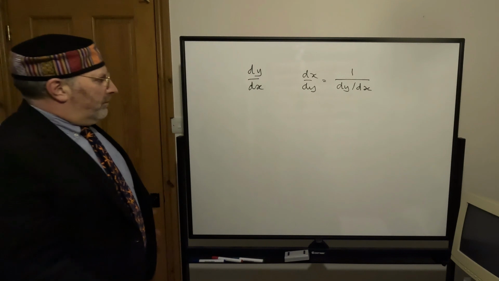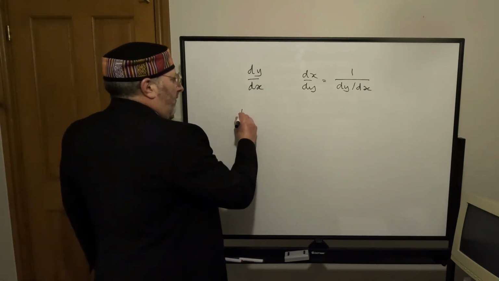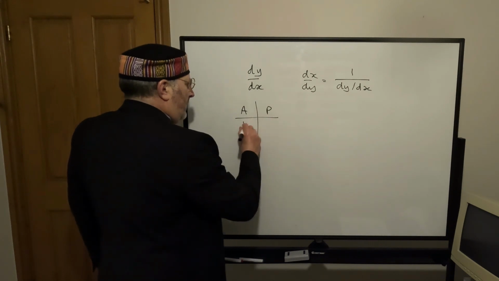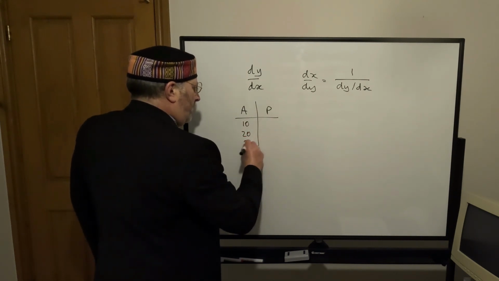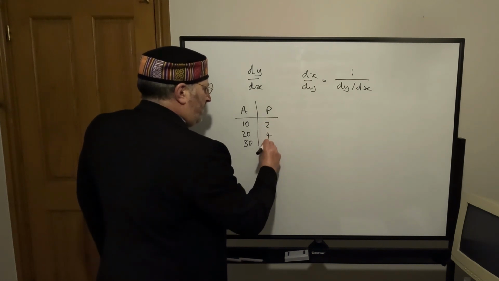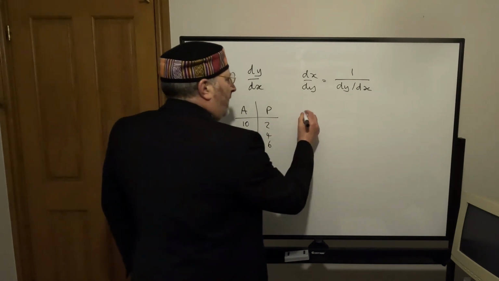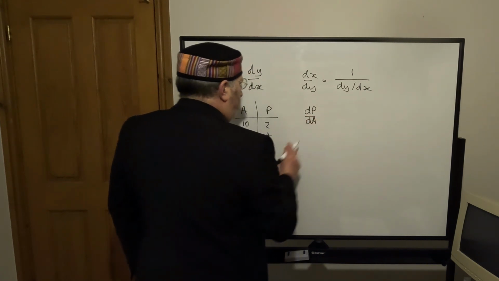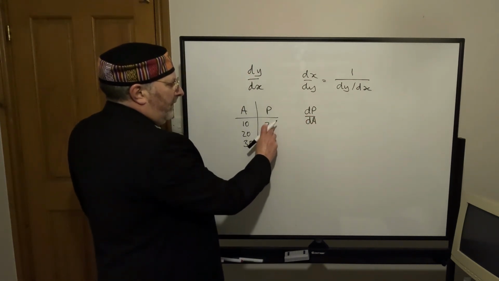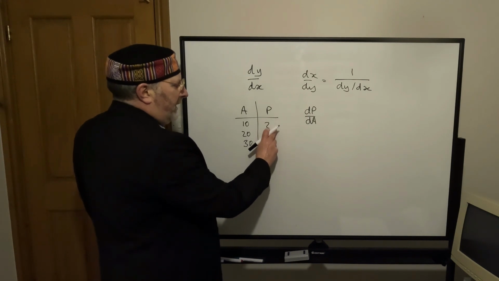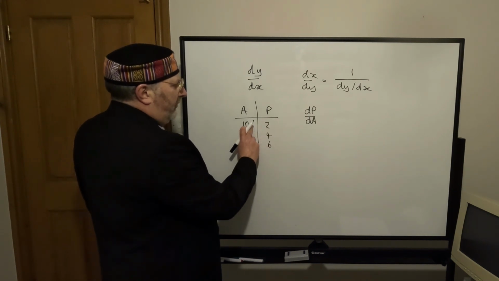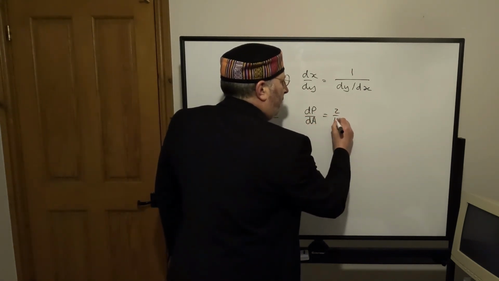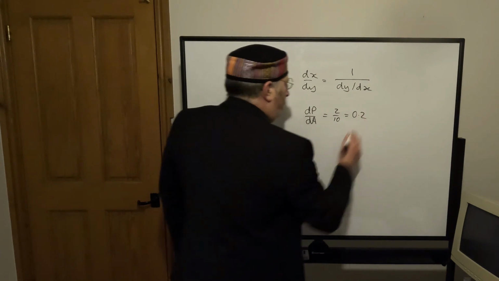And we could see that with our example of the city areas and populations, that we've got 10, 20, 30, and 2, 4, 6. If we're finding dp by dA, the population increases by 2, the area increases by 10. So dp by dA is 2/10, or in other words 0.2.